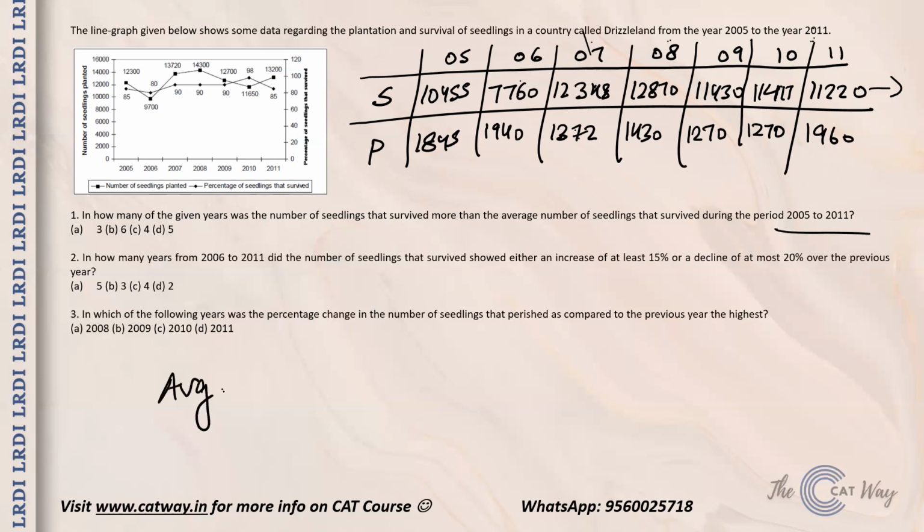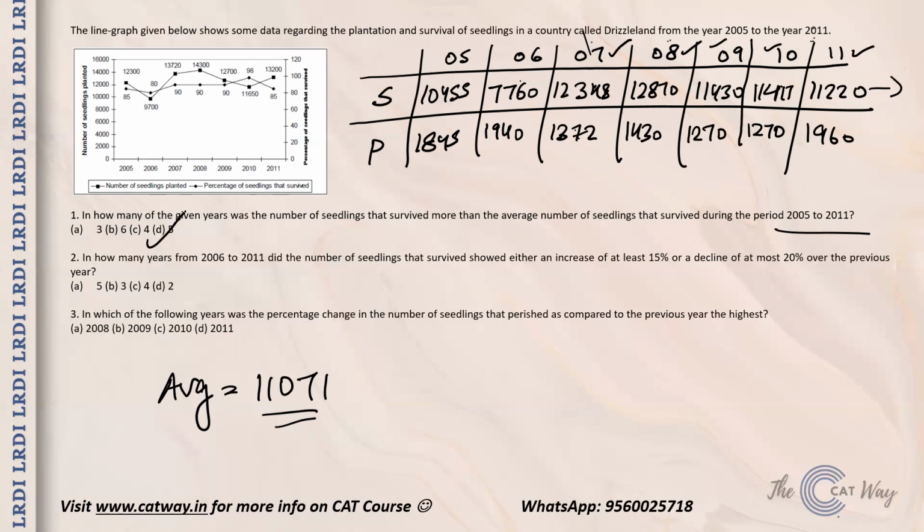So the average survival every year comes down to 11,071. Now you have to find in how many of the given years the number of seedlings that survived was more than the average. They were more than the average in 2007, 2008, 2009, 2010 and 2011. So this happened in 5 years, that is option number D, the right answer.